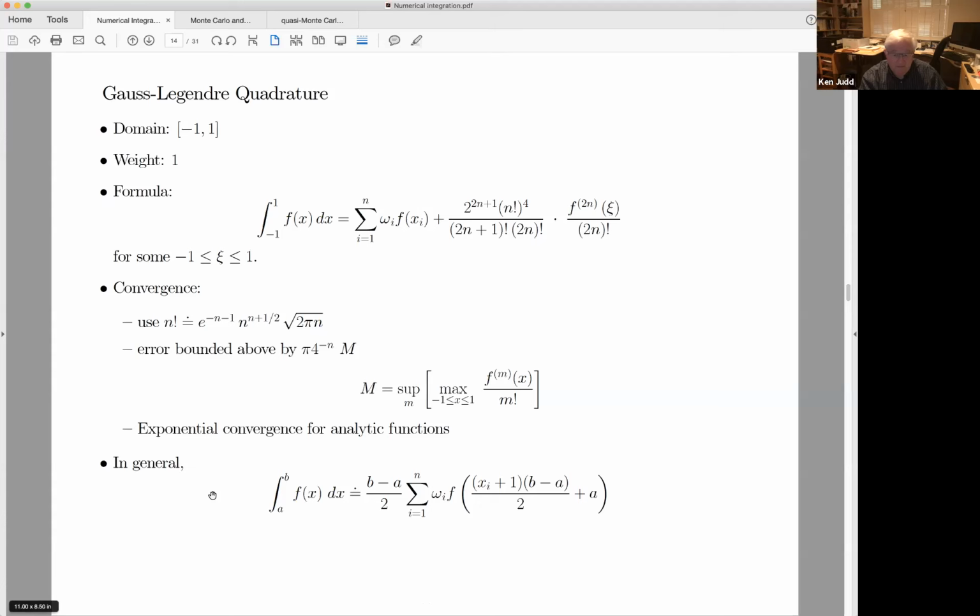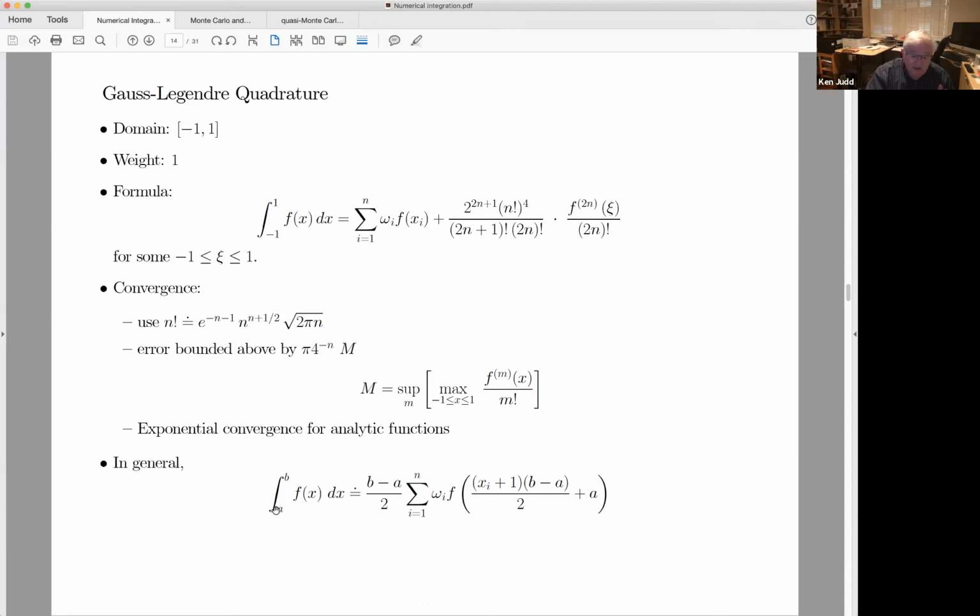By the way, this is using the n factorial. You might think, how are you going to use n factorial here? Because that's a combinatoric thing. But then here's Stirling's rule. N factorial is approximately equal to this algebraically simple formula, and then you get these upper bounds. So Gauss-Legendre is nice.